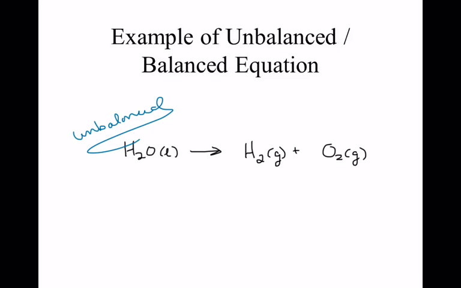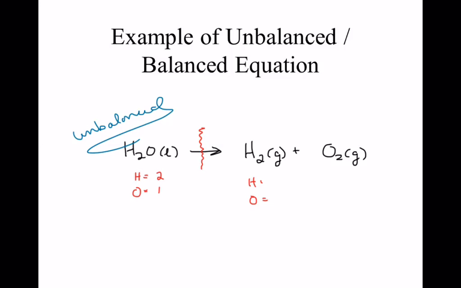What makes it unbalanced is that if I put a wall here between my reactants and products, and knock out my hydrogens and my oxygens on either side, on the reactant side, with just one H2O molecule, I have 2 hydrogens and 1 oxygen.